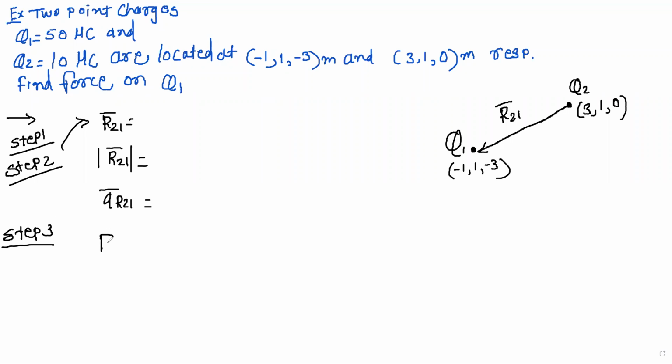In that case, F21 bar, that is the force on Q1, is equal to Q1 Q2 divided by 4 pi epsilon naught, magnitude of r21 square, into a bar r21.